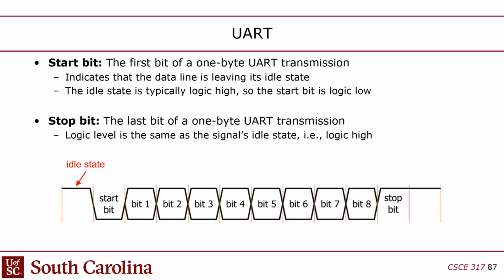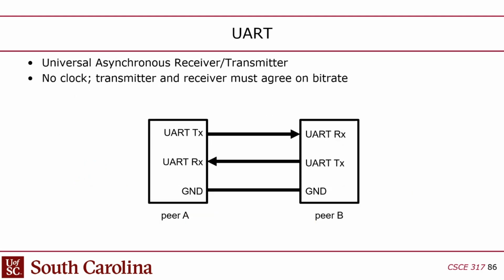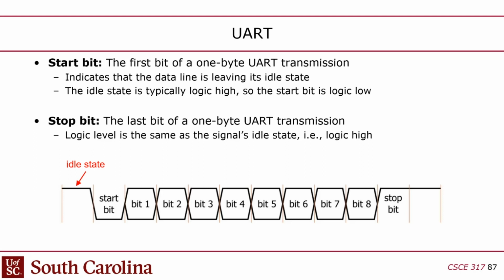Okay, so UART doesn't have a clock though. That's the other difference, right? There's no clock. The clock is generated internally on each side, and it's generated by setting a baud rate. You have to determine that ahead of time. The baud rate generates an internal clock that's used for driving and sampling the bits, right?